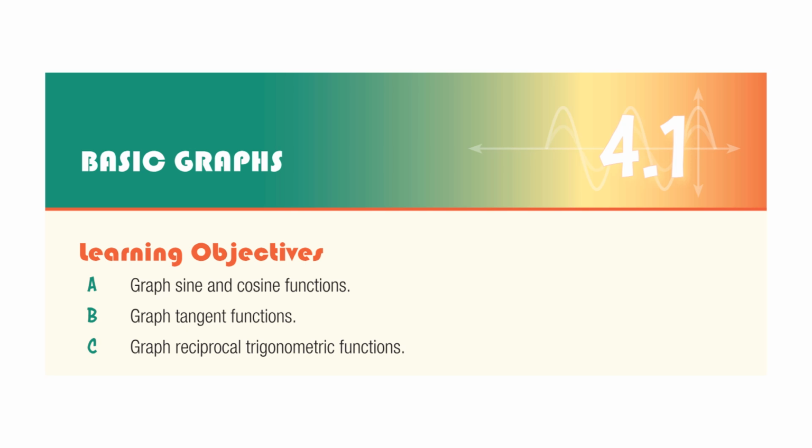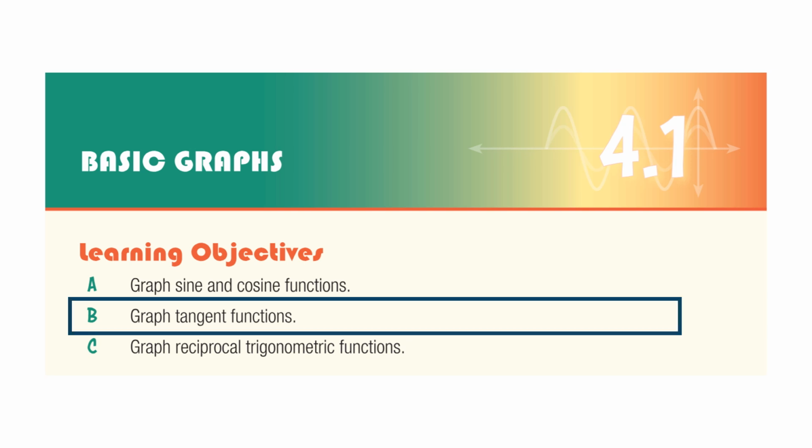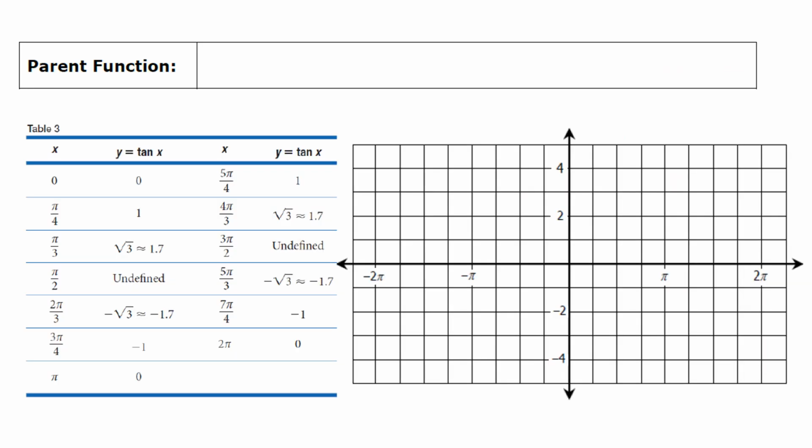Okay, so for objective 2, we are now going to graph the tangent function. For our parent function, if it were a function, f of x equals tan x. We have our x values here, and then we have our y's.